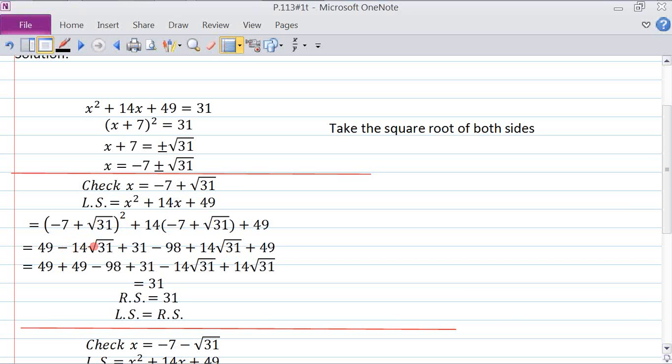When we sum them, we come out with minus 14 root 31. So here are the three terms from this. Now 14 times minus 7 is minus 98. 14 times root 31 plus root 31 gives us this, and this remaining term is this one here.